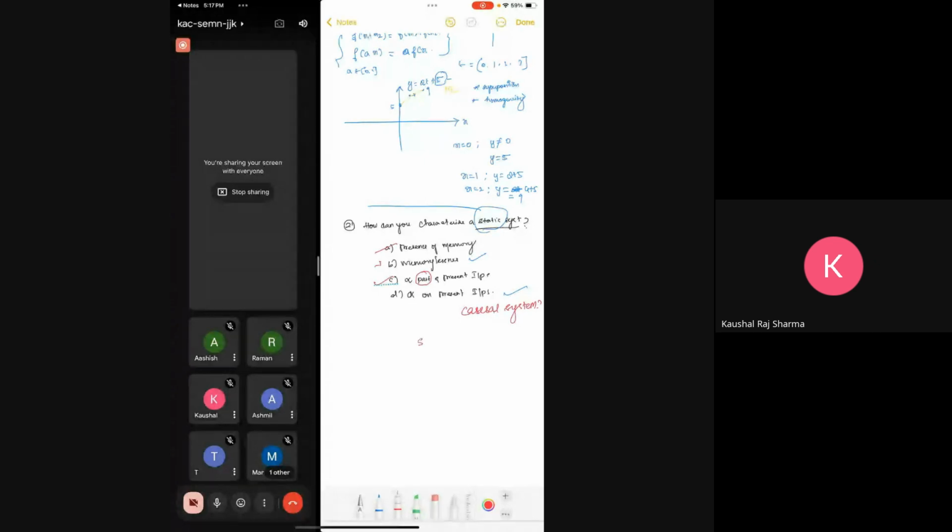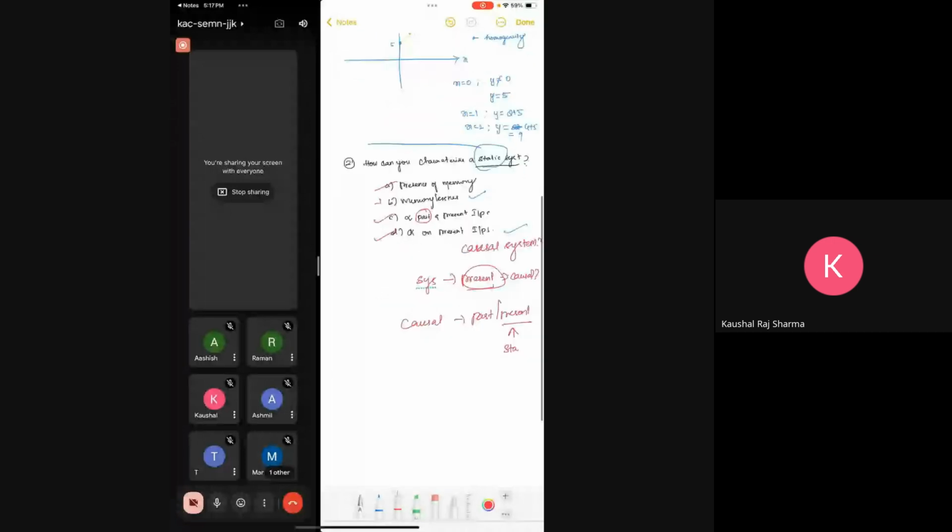Can I say if a system depends on only the present input, whether it will be causal or not? Causal, yeah, right. So this option would also come. In this case, the system would be memoryless if it only depends on the present. If I'm not confusing you, let me know.